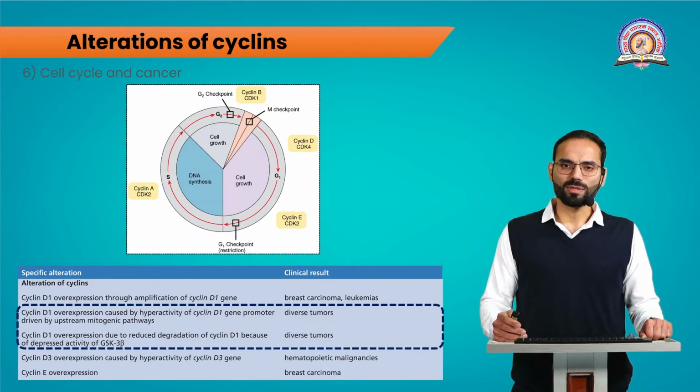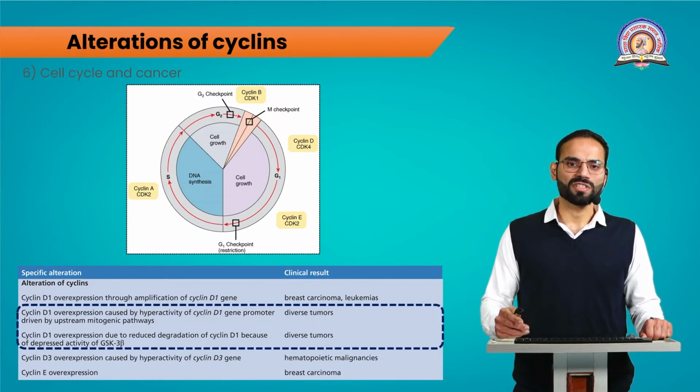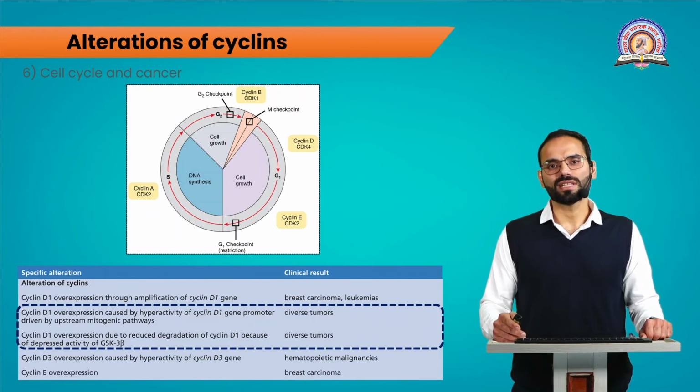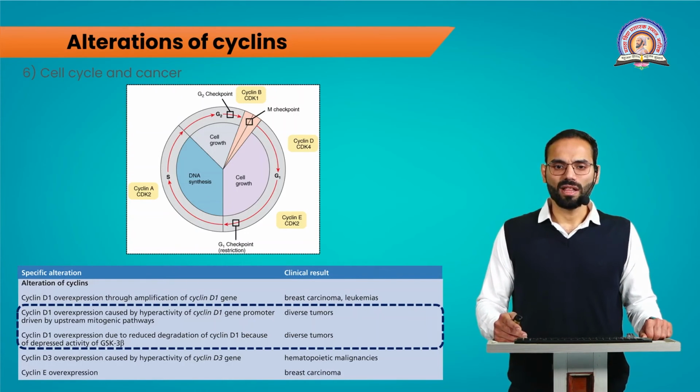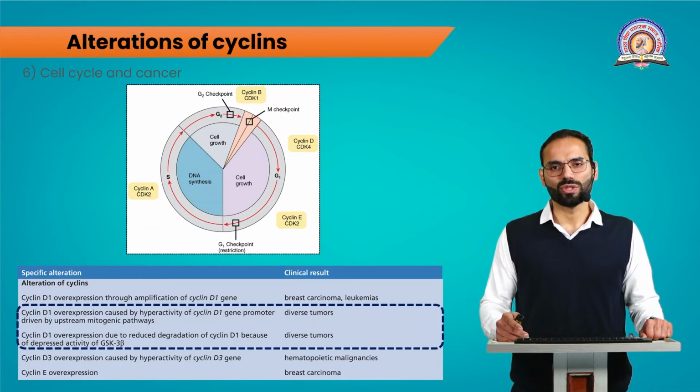The second type of overexpression has been observed through hyperactivity of the cyclin D1 gene at the promoter level. And that is in turn catalyzed by different mitogenic pathways. Also, there is no degradation of cyclin D1, and because of this, cyclin D1 gets accumulated, and that has been found in a wide range of tumors.